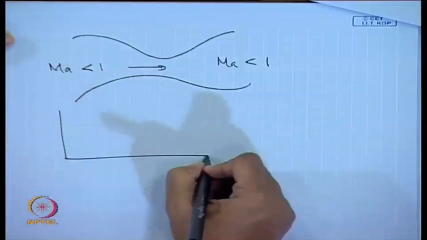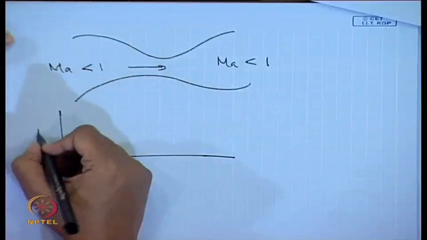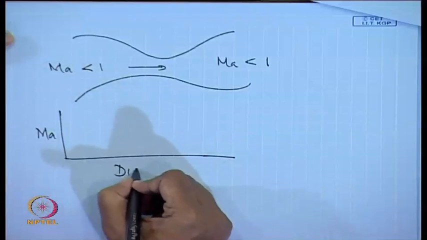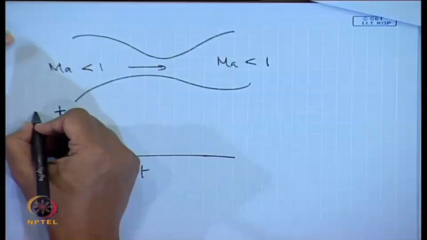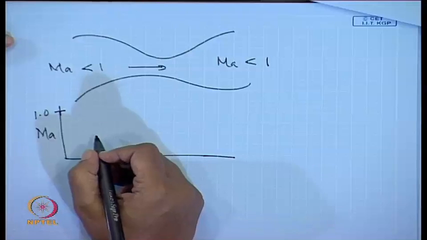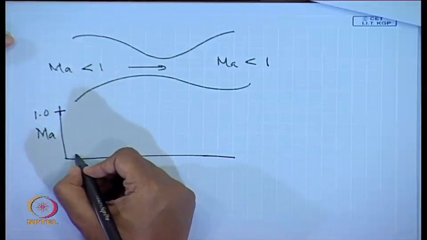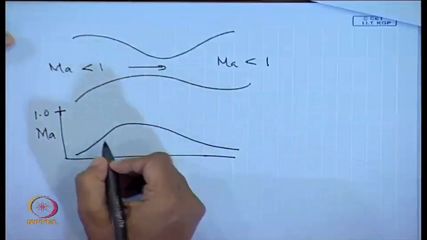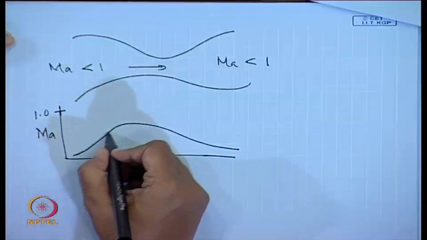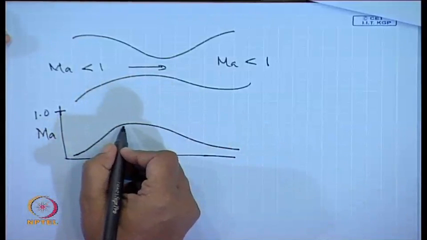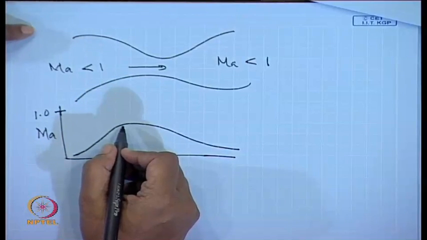In other words, if we plot Mach number with distance, this is Mach number equal to 1. So, we can always have something of this sort. It starts in this way, it ends, but always it is subsonic throughout.